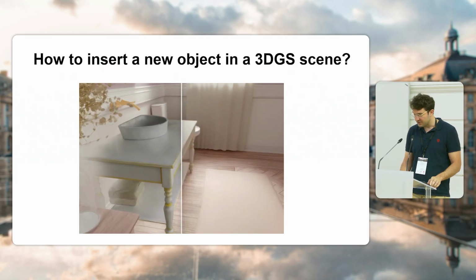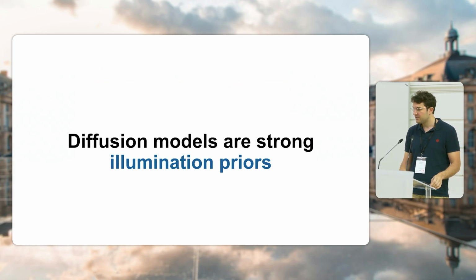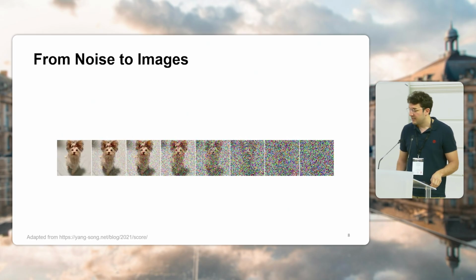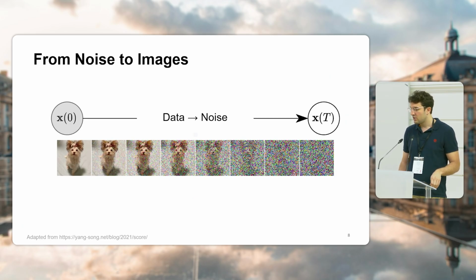So we'll be working on this, and the main observation is that diffusion models are strong illumination priors. I'll do a quick recap on diffusion models to illustrate this point, but this is the motivation for our work. The idea is that diffusion models work in two stages. During training, you have a data set of images, and you add noise to the images gradually until completely destroying the signal, and you have a completely noisy image.